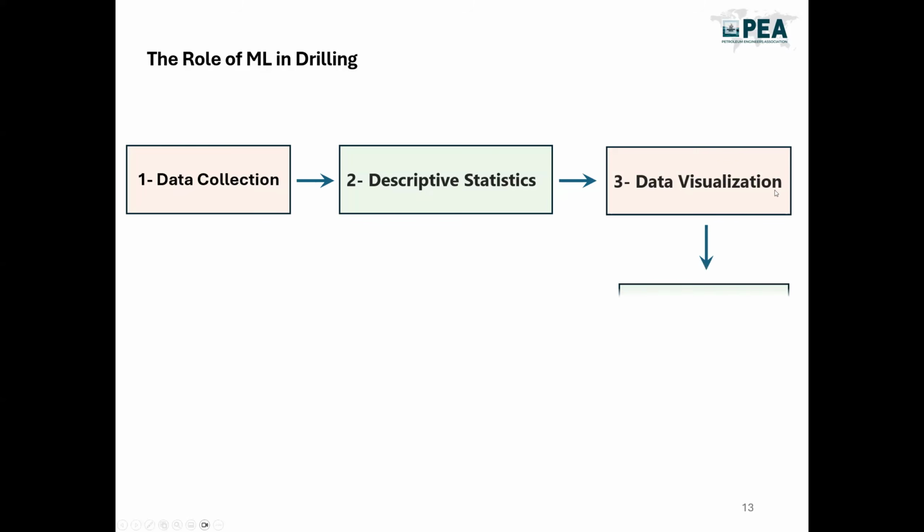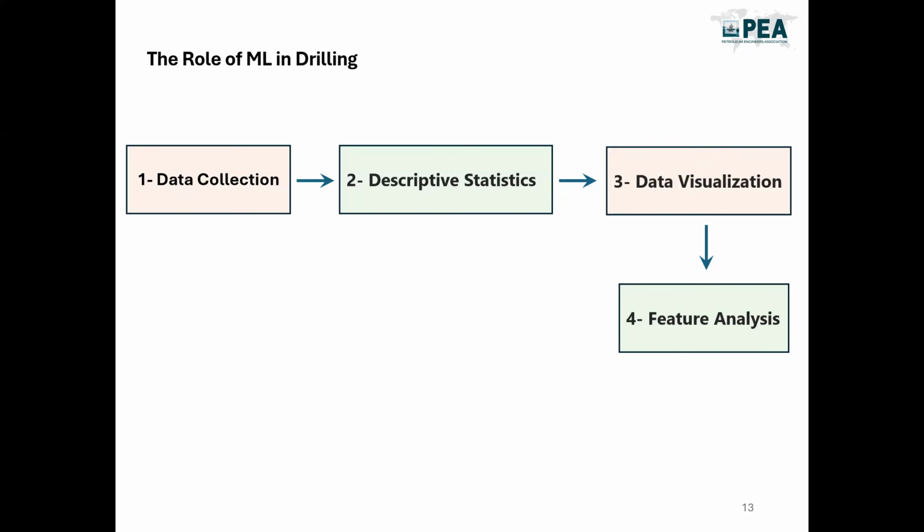Afterwards, we need to do feature analysis. You collect all those parameters, ROP, weight on bit, flow rate, and so on. Let's assume you're developing an ROP model, and you collected other parameters as well. Then you need to see what the impact of these parameters is on your ROP.